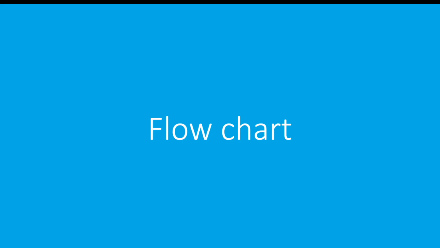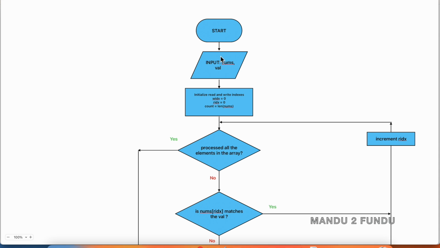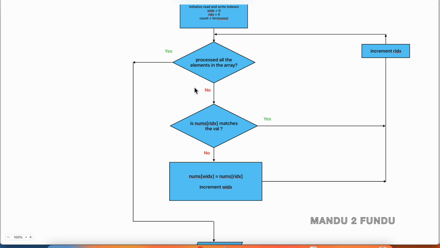Let's look at the flow chart. Input for this procedure is the nums array and the value to be removed. First, the read and write indexes are initialized to 0, and then the count is initialized to the number of elements in the array. Basically we are looping over all the elements in the array. So we check whether all the elements are processed. If not, we check whether the current element pointed by the read index matches the val. If yes, we simply move on to the next iteration.